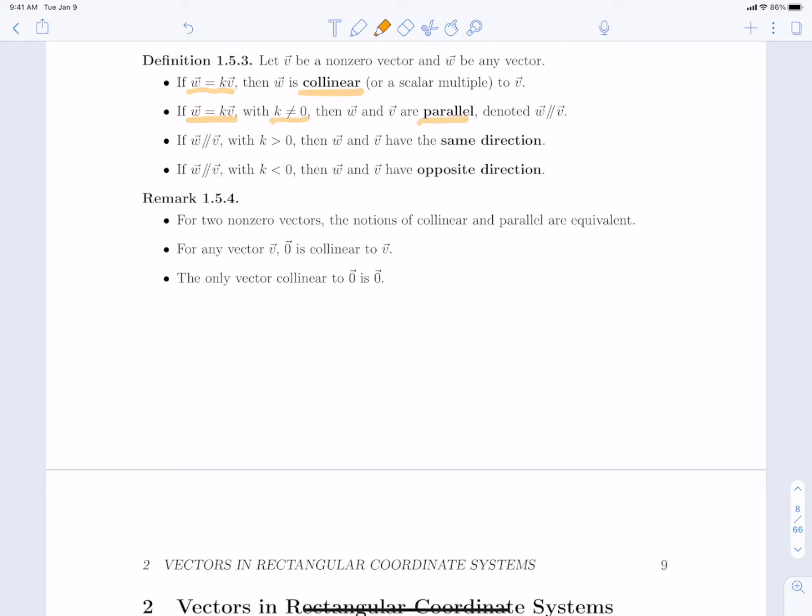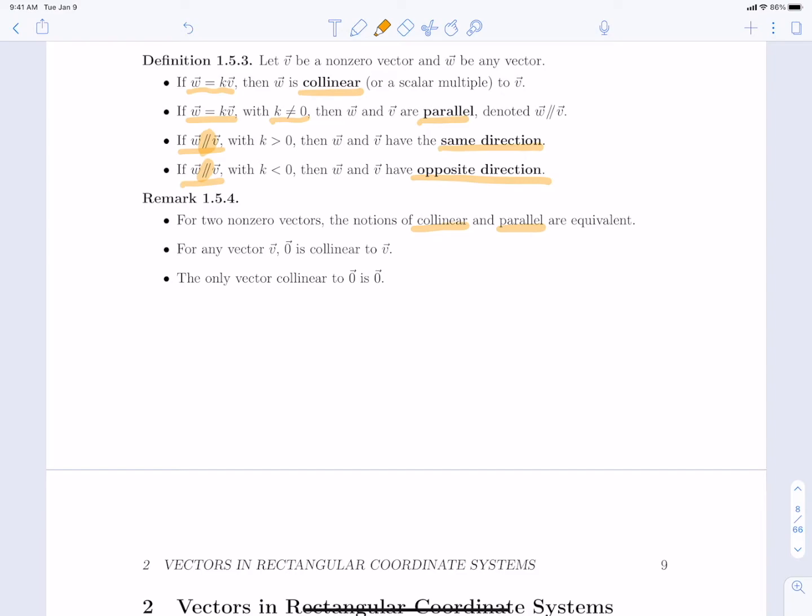Now, this double bar line, I hope you've seen this before, and I'll be using it myself. That's the same as saying parallel. We could say if our scalar is positive or greater than 0, then they're parallel in the same direction. And if our scalar is negative, less than 0, they're parallel in the opposite direction. Now, for 2 vectors, the notions of collinear and parallel are equivalent.